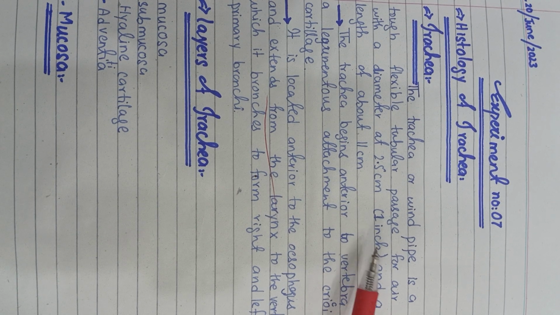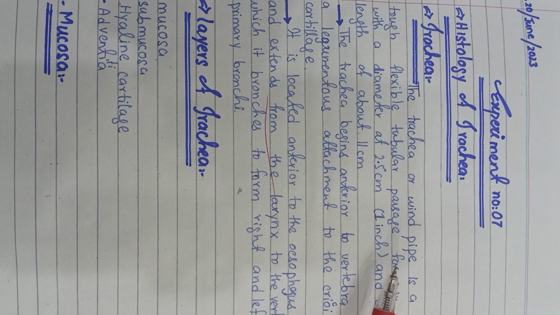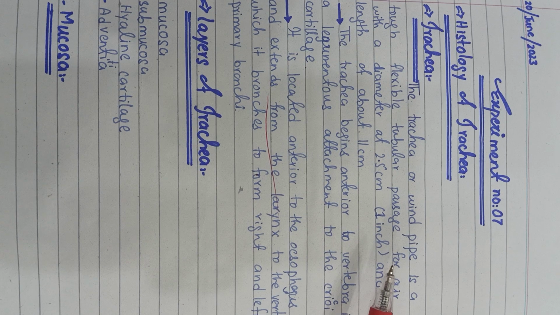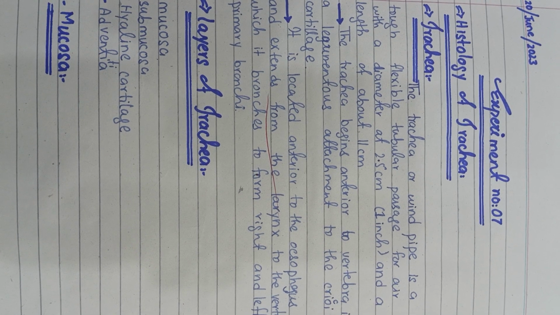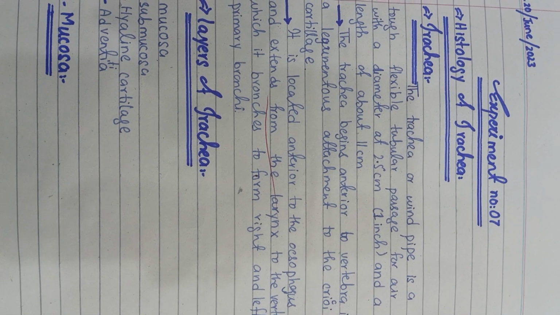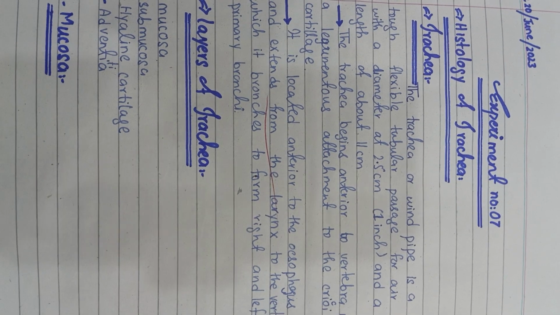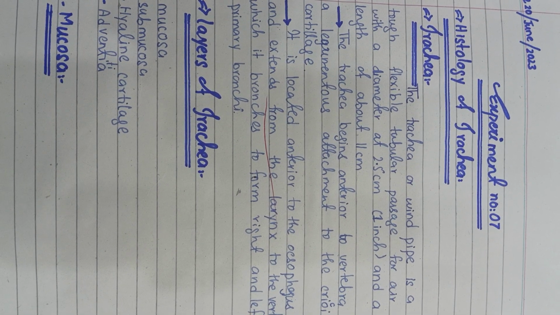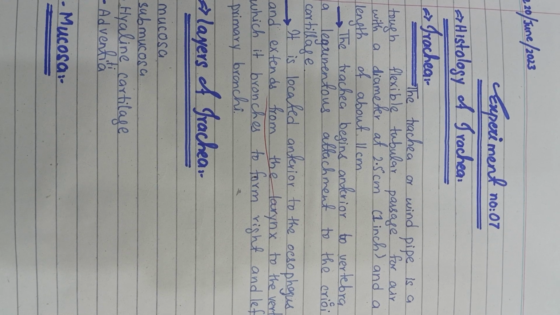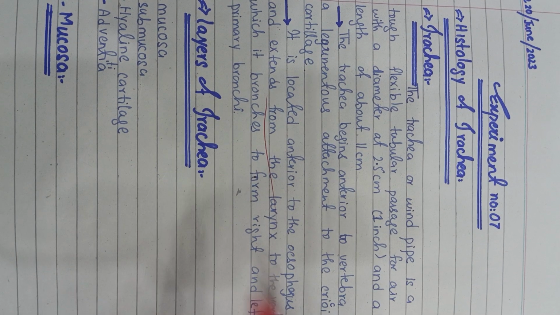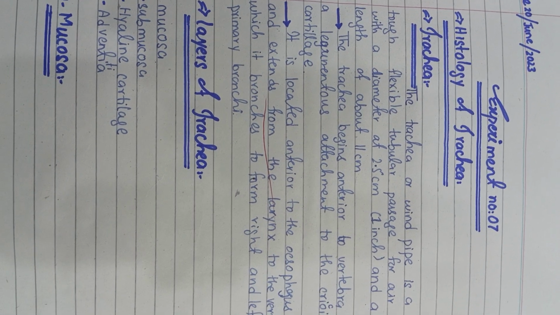Now the trachea begins anterior to the vertebra, in ligamentous attachment to the cricoid cartilage. So it has a cricoid cartilage which is attached to it. It is located in front of the esophagus.